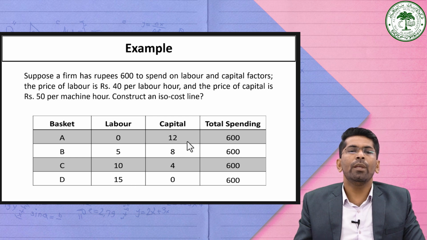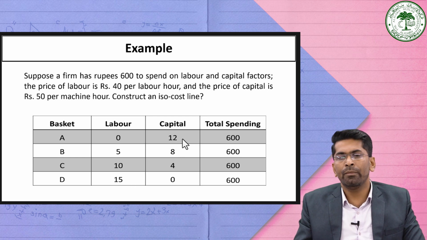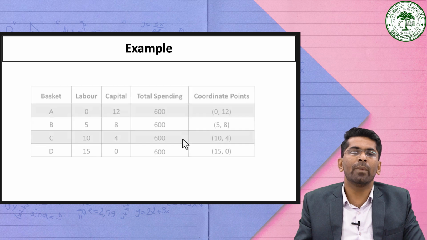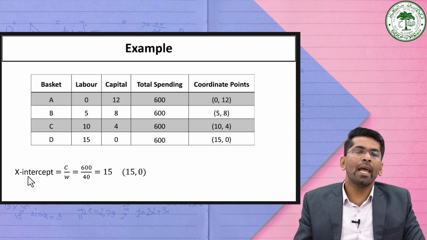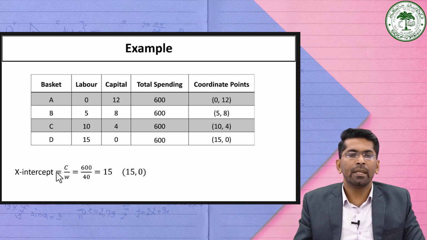Now, by using this particular example, we can derive the x-intercept term and y-intercept term. These are the various coordinates here. When labor is equal to 0, then capital is equal to 12. When labor is equal to 15, capital is equal to 0. So we can calculate the x-intercept term, that is C upon W, which we already estimated earlier.